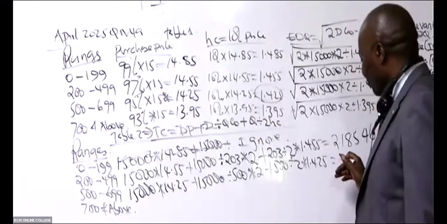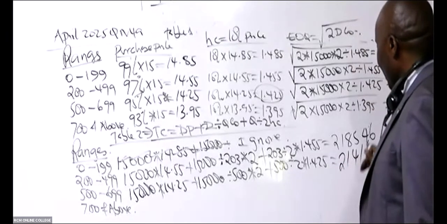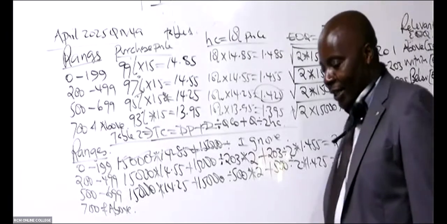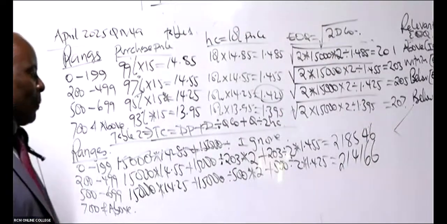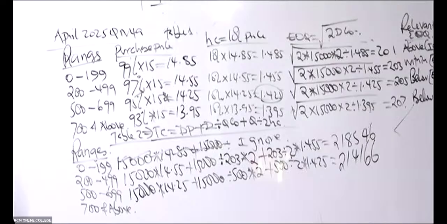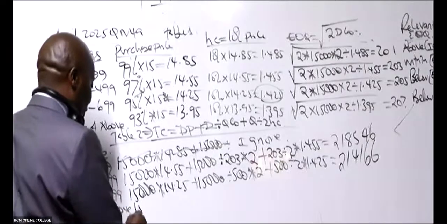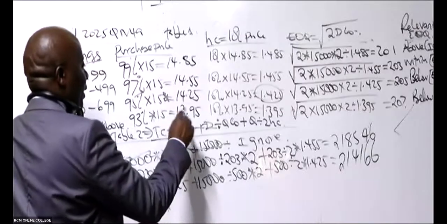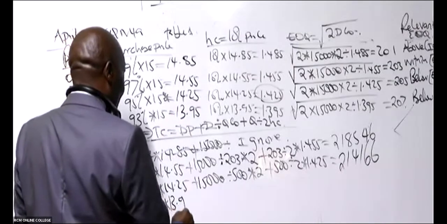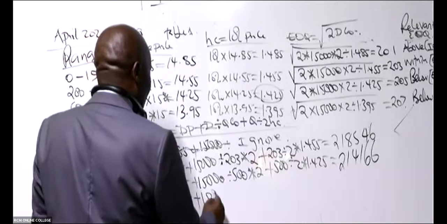214, 166. Yeah, thank you so much. Now from there, we go to the fourth one, which is the last one. The demand remains the same, times the price per unit, which is 13.95, plus 15,000.